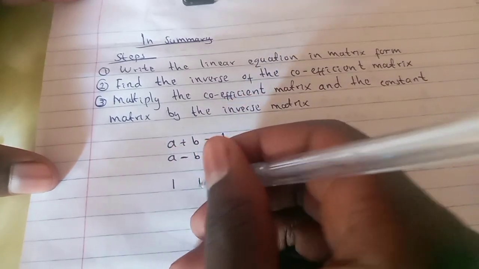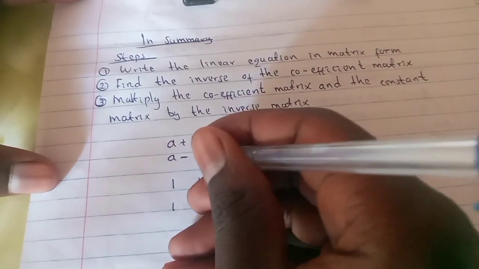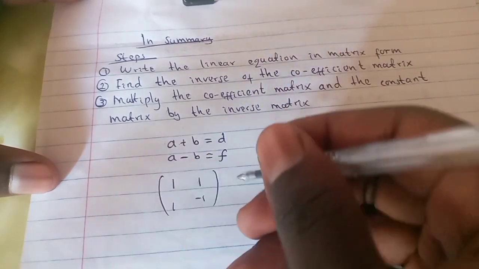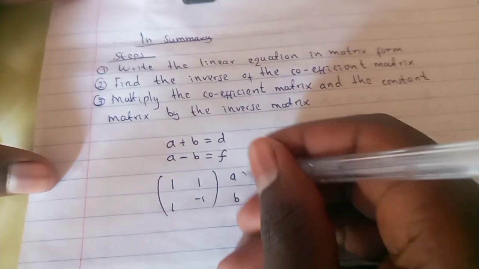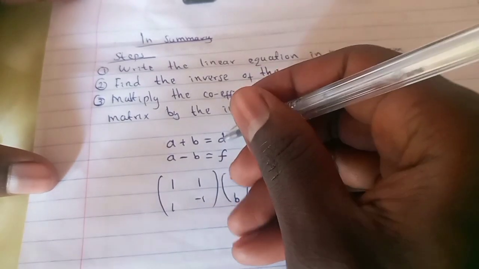For B here is 1. For A here is 1. And for B here is -1. And then I include my unknowns, which is A and B, is equal to D and F.